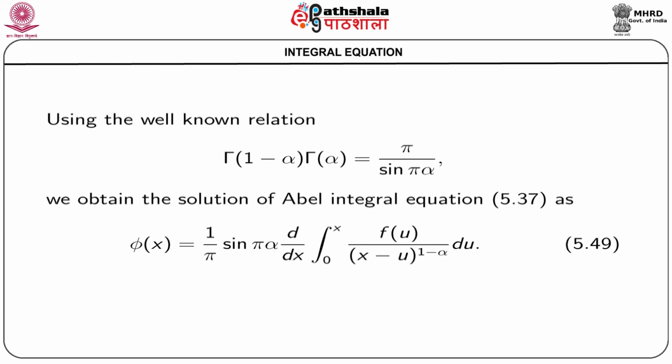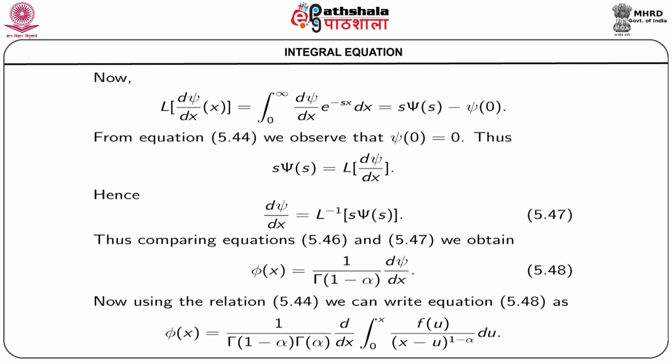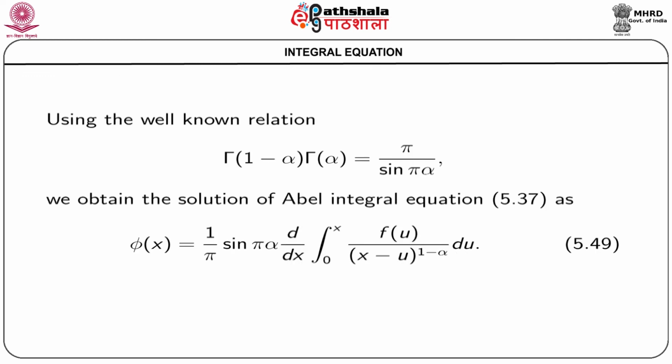So, using this value in the denominator of the expression given for phi x, we find that the solution of the Abel integral equation 5.37, which is a generalization of Abel's integral equation, is phi x equal to sin pi alpha by pi into d dx of the integral 0 to x f u by x minus u to the power 1 minus alpha du, as given by equation 5.49.